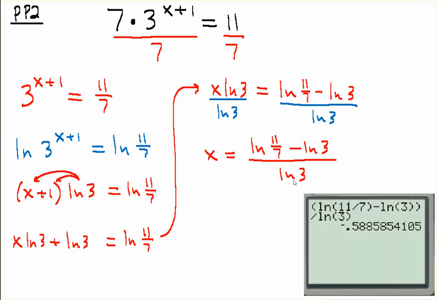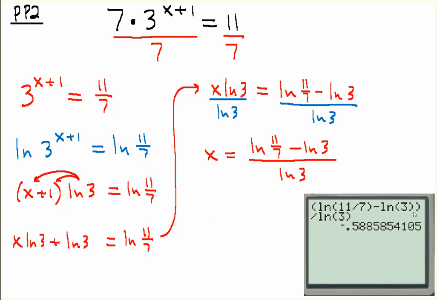So here's the way I would punch it in. First of all, because you see how you have two terms on top, you need to start with a parenthesis on top because you want to hold that whole entire numerator by itself. So here's what I got. I got a parenthesis starting off before I do anything else. ln of 11 over 7, close off that parenthesis to close off the ln. Minus ln of 3, close off that parenthesis to close off the ln, and then close off the whole entire numerator.